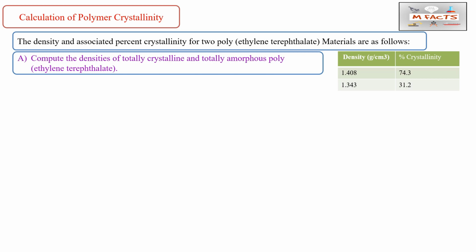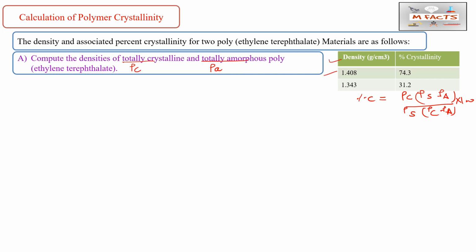I already told you that totally crystalline means we have to calculate rho C, and totally amorphous means rho A. So again I will write the formula here, and that formula is percentage crystallinity, percent C, equals rho C times the bracket of rho S minus rho A, divided by rho S times the bracket of rho C minus rho A, multiplied by 100.